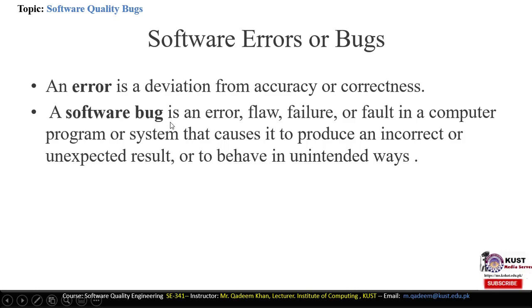A software bug is a flaw, a failure or a fault in a computer system or program which causes it to produce incorrect or unexpected results or to behave in unintended ways. Basically, when there are bugs, the software will not be useful.